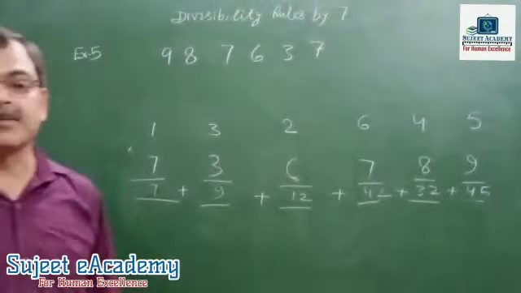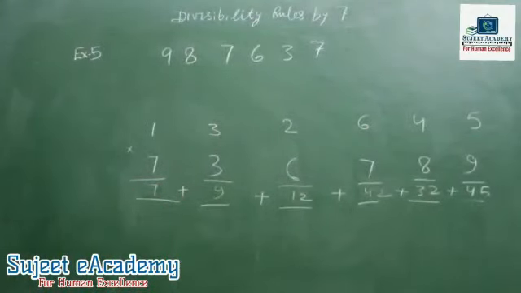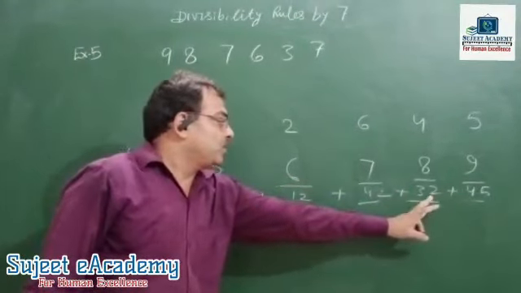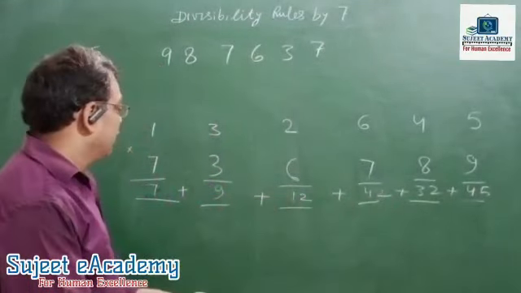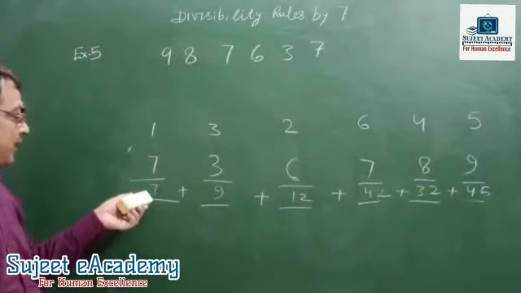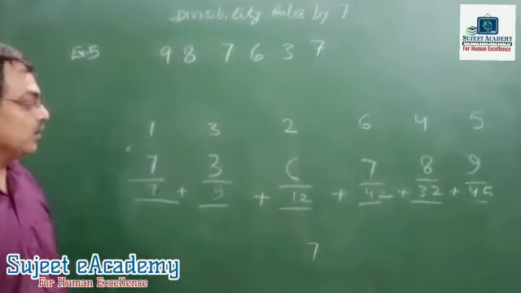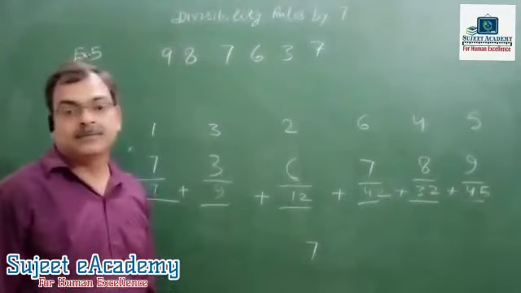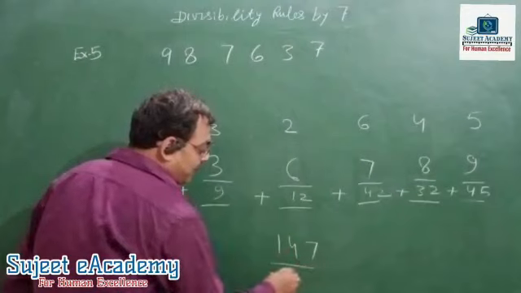How much is the value? 5 plus 2 is 7, 2 plus 9 is 11, 11 plus 9 is 20, 20 and 7 is 27, 7 carry 2. 7, 4, 11, 12. 12 and 2 is 14. 147.